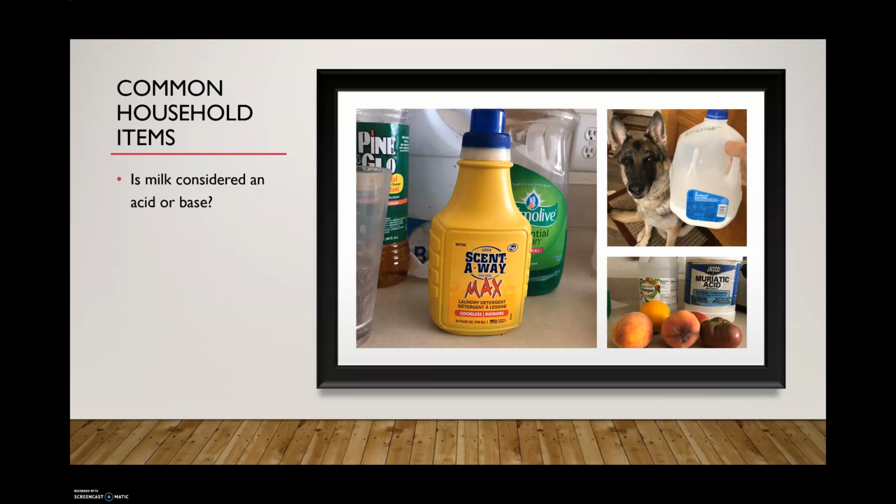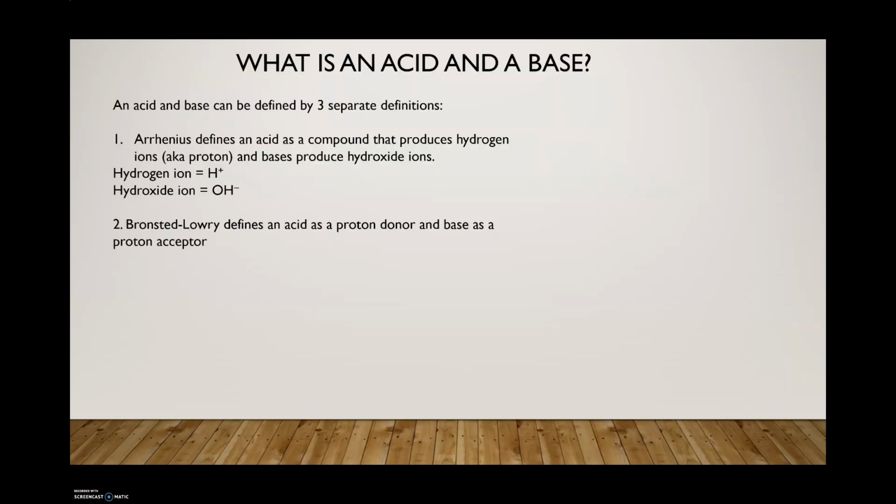Now, milk is acidic because it has lactic acid in it. If you've ever been lactose intolerant, you're lactose intolerant because you don't have the enzyme to break down the lactose that's present, and that's what makes milk partially acidic. In fact, milk is 6.8 on the pH scale. So, interesting fact.